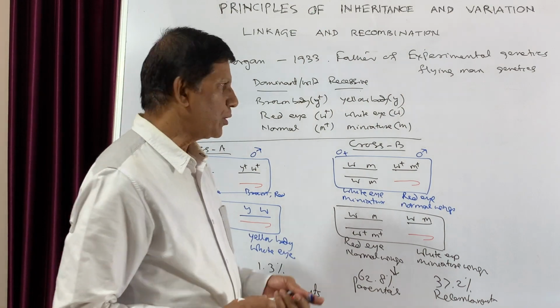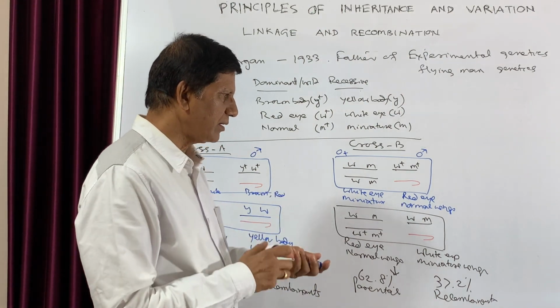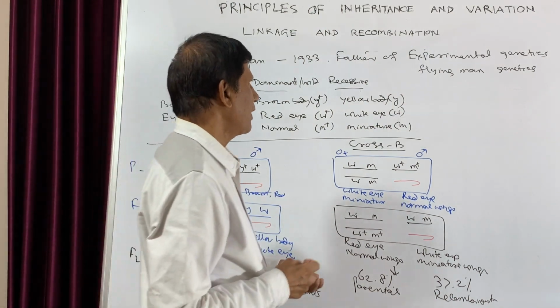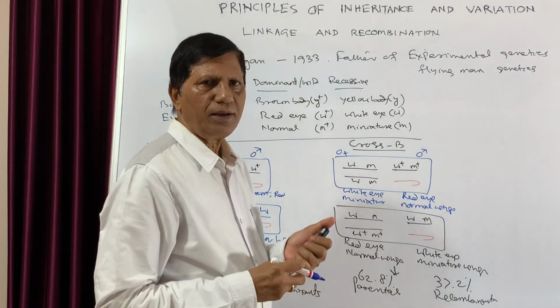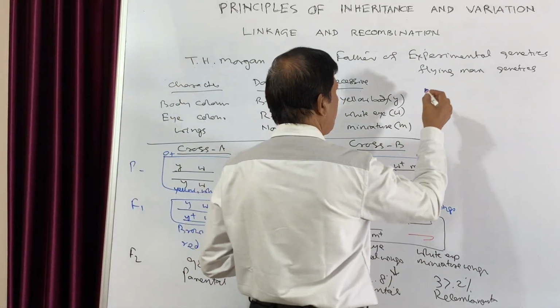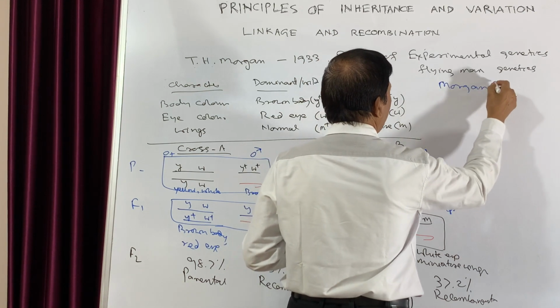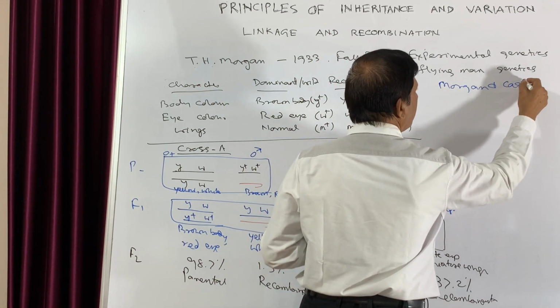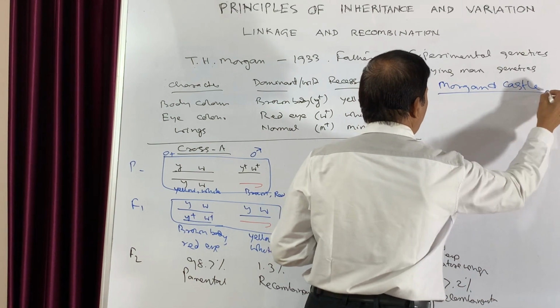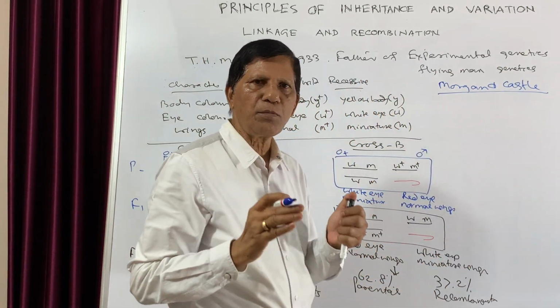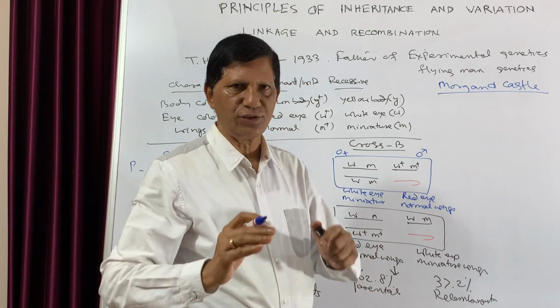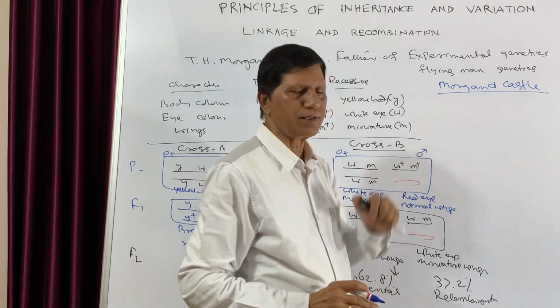So from this, what are the different observations? From this work, Morgan and Castle put forth one theory, the chromosomal theory of linkage, given by Morgan and Castle.